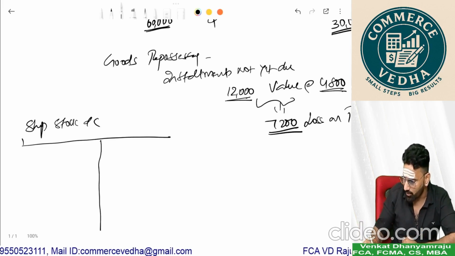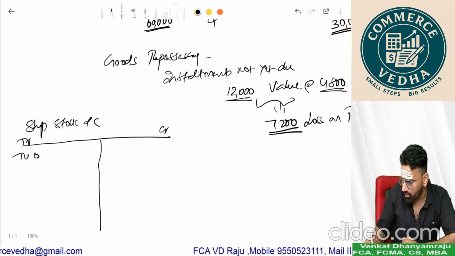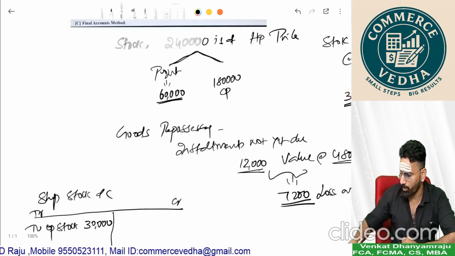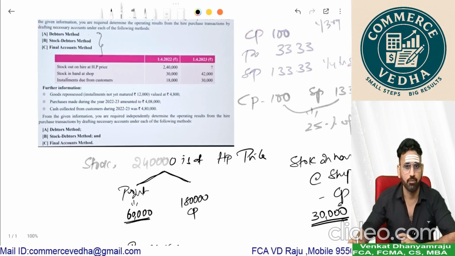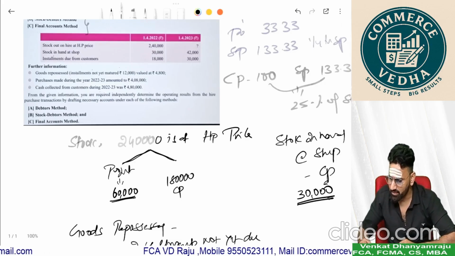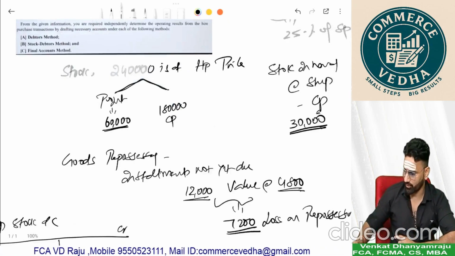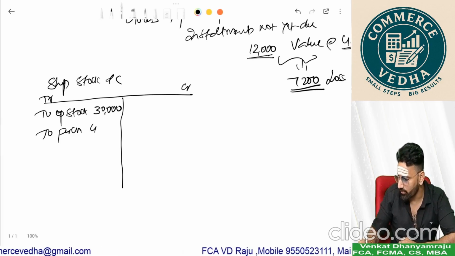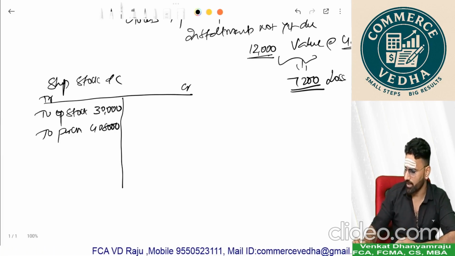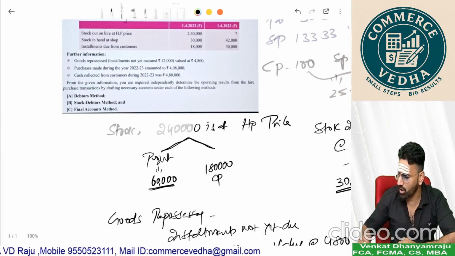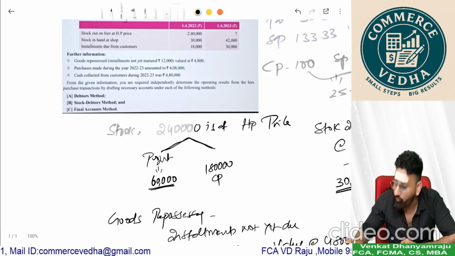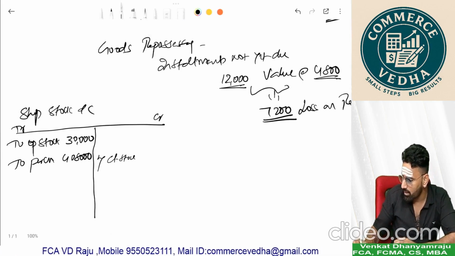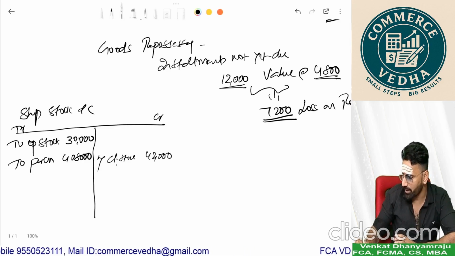In the shop stock account, we need to go to opening stock, which is 30,000 given in the question. The opening stock given is 30,000 and purchases 4,08,000. So that also comes to the shop stock account. The closing stock in the stock account is 42,000, by balance.